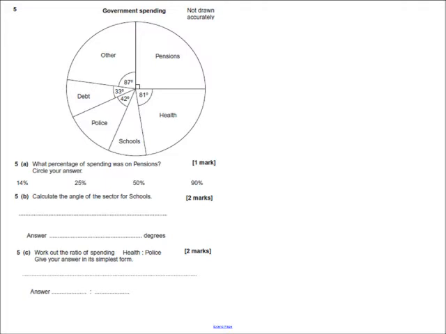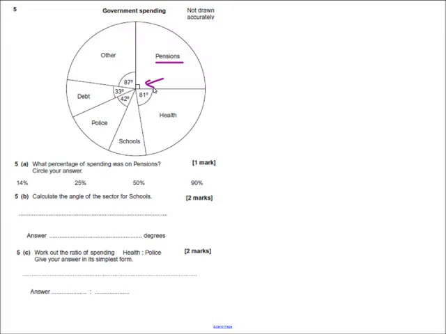Question 5 is a pie chart question about government spending. Question 5a wants us to calculate the percentage on spending on pensions. So pensions is here, and we have a variety of answers we need to circle. Now, the percentage is our angle divided by 360 times 100.